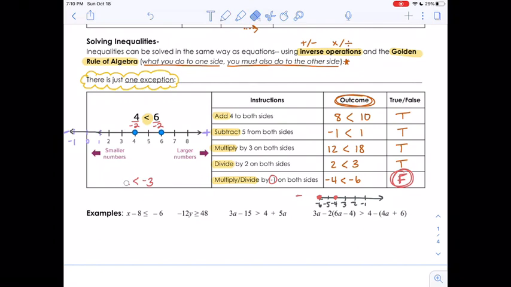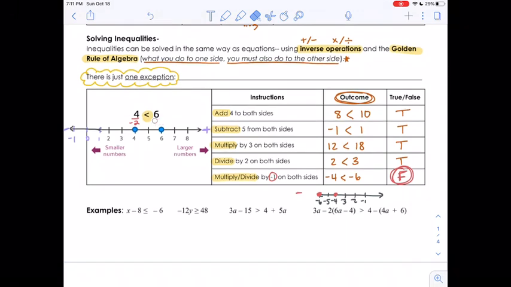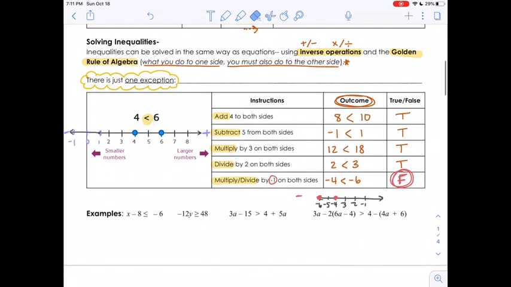So we can hopefully see here that multiplying or dividing by a negative causes some problems when we're working with inequalities. And so this is the rule that we have to remember.